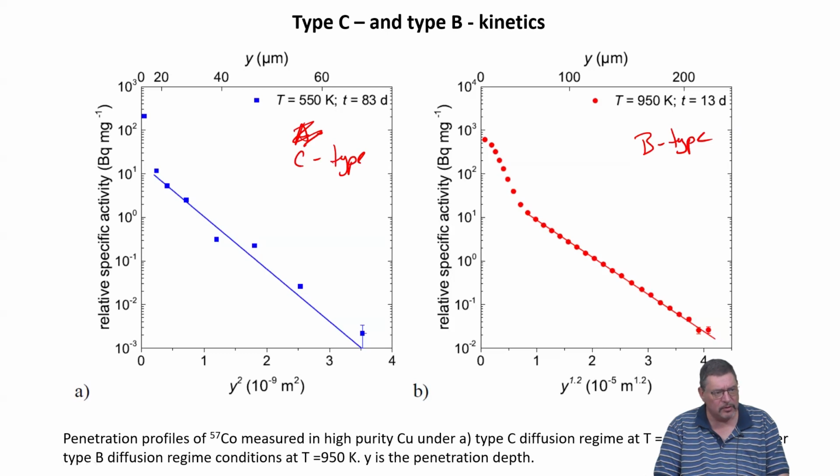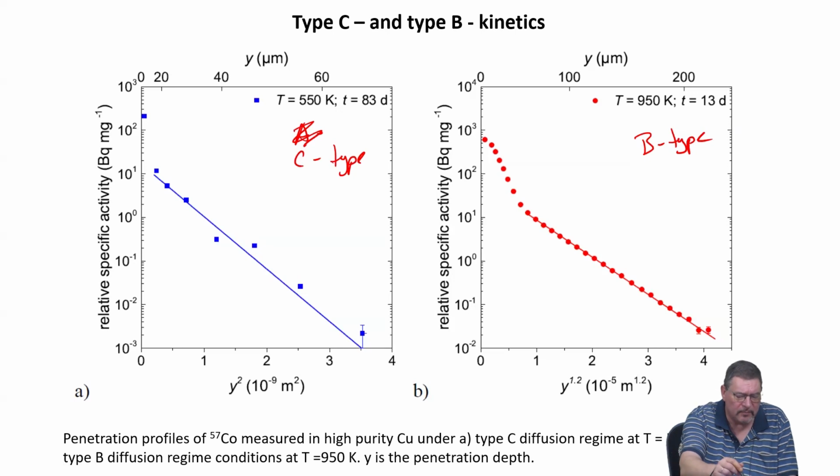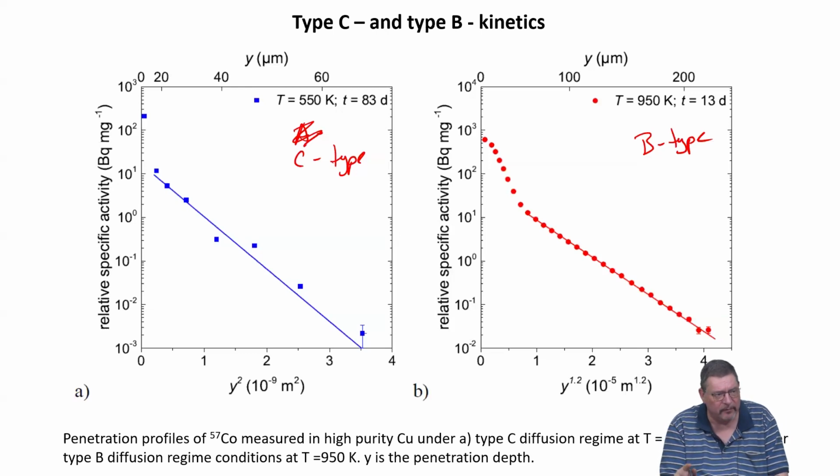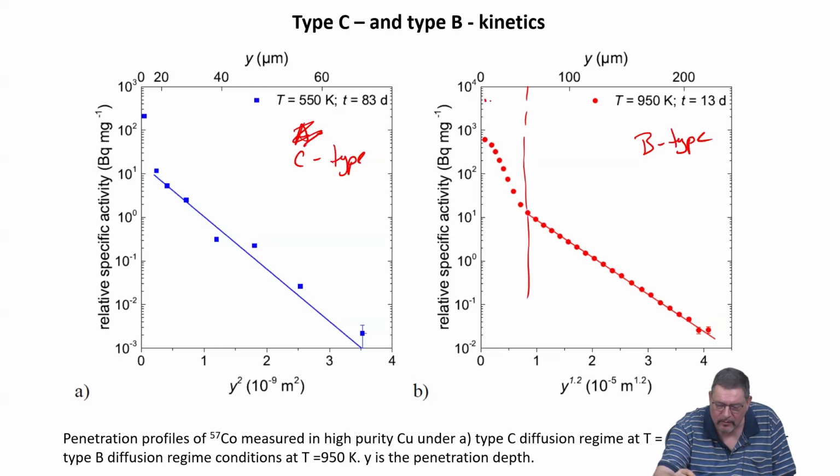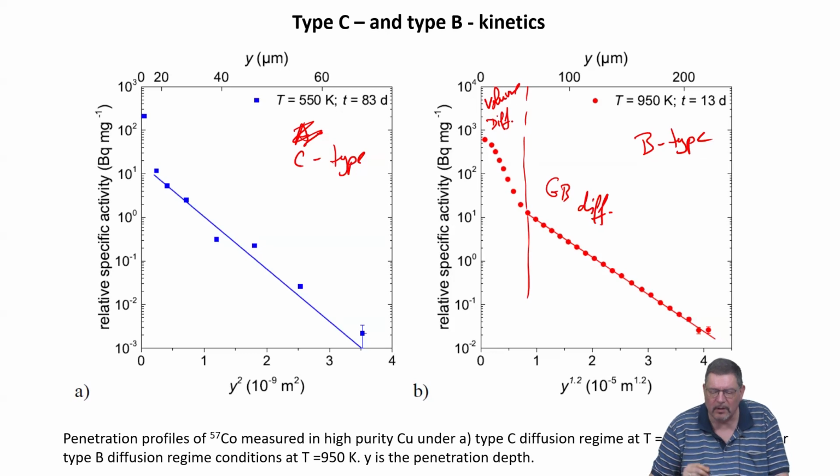In the low temperatures, you only have one slope of your data when scaled over the penetration depth squared, because this is the solution for pure grain boundary diffusion. In the B-type kinetics, you have two contributions. You have volume diffusion and grain boundary diffusion.